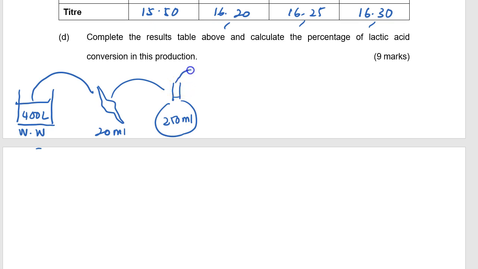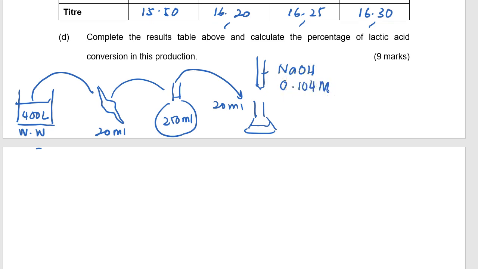And out of this diluted solution, 20 ml is taken out, poured into a conical flask and titrated with standardized sodium hydroxide solution of 0.104 molar concentration. Okay, let's start with the calculation.